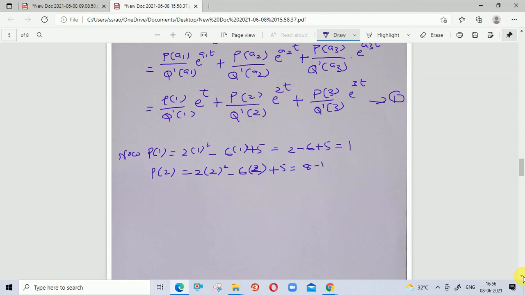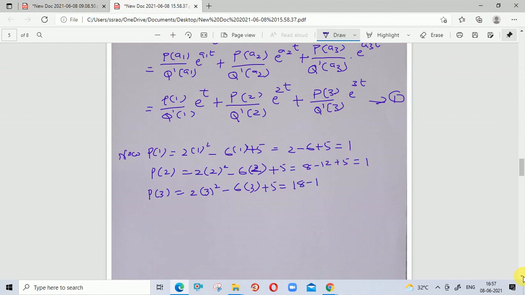Next, P of 3 is equal to 2 into 3 square minus 6 into 3 plus 5. So that is equal to 18 minus 18 plus 5. 18 minus 18 will get cancelled, 5.